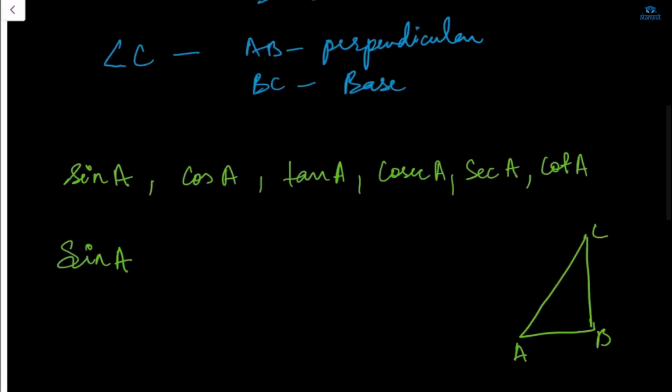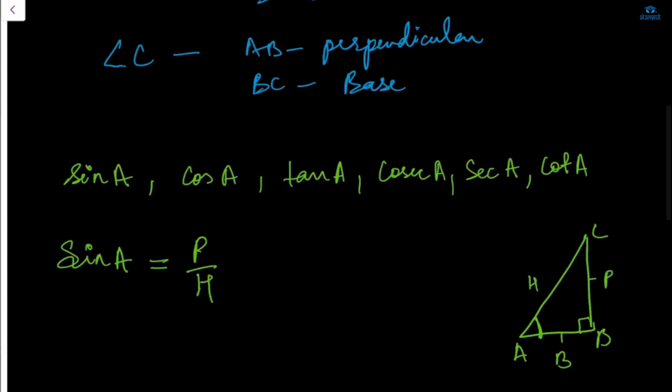We are talking about sin A, cos A, tan A, with reference to angle A, and B is the 90-degree angle. Since we are taking reference to angle A, this will be the perpendicular, this will be the base, and this will be the hypotenuse. So the sine value is equal to perpendicular upon hypotenuse.